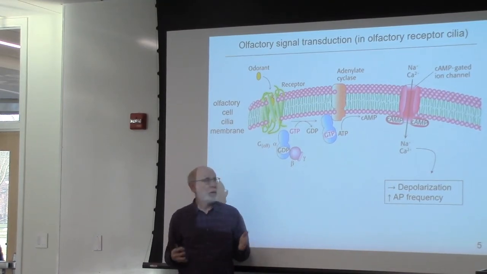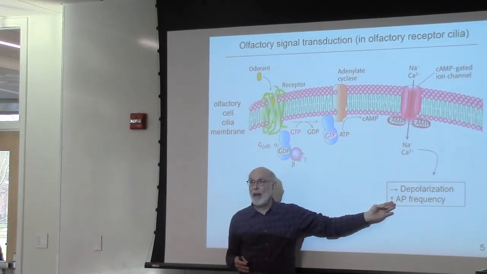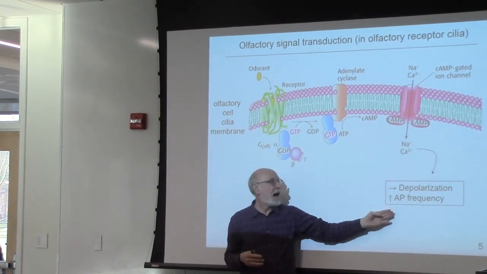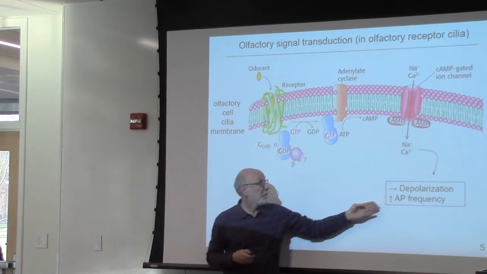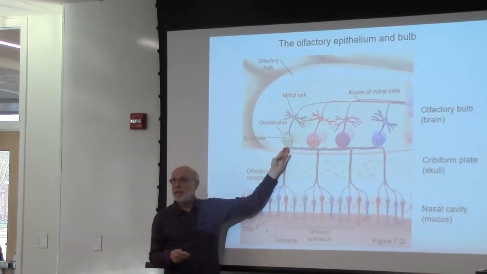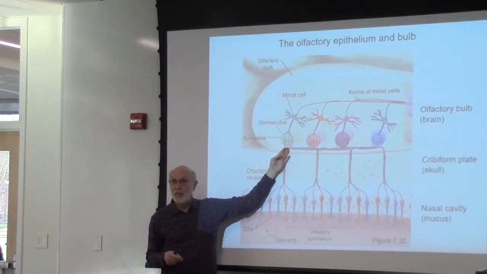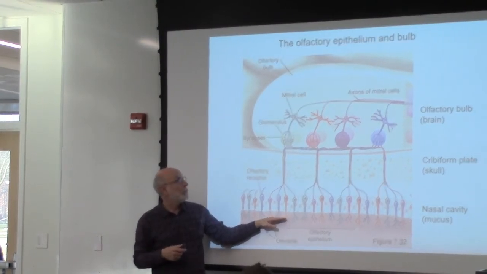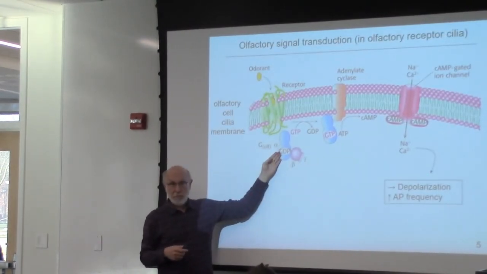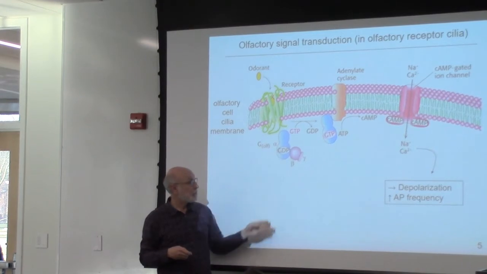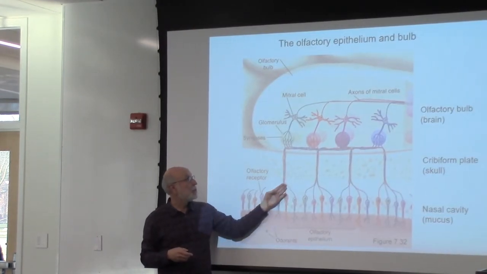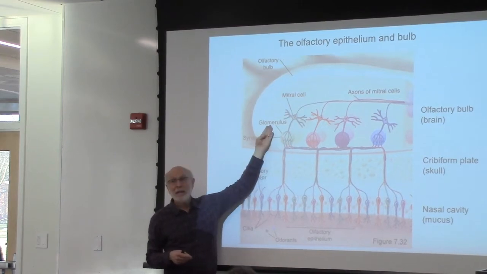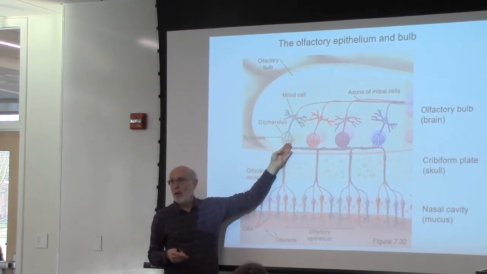Above a threshold, we will get action potentials. And the higher above the threshold and the longer above the threshold, the higher the action potential frequency. Action potentials from the olfactory epithelium, where we were here. This is the olfactory epithelium. Action potentials, synapses in the glomeruli of the olfactory bulb.